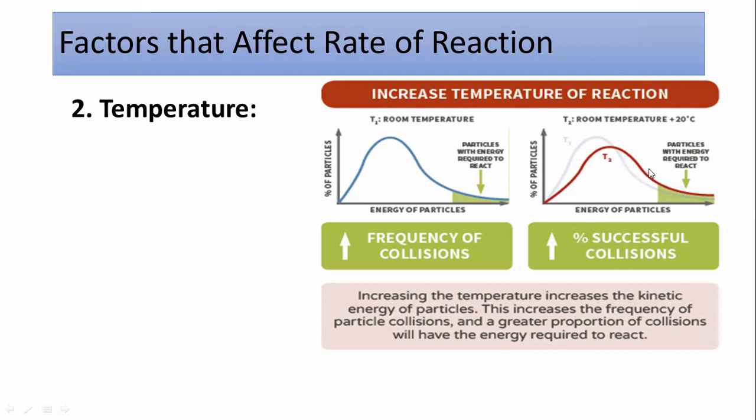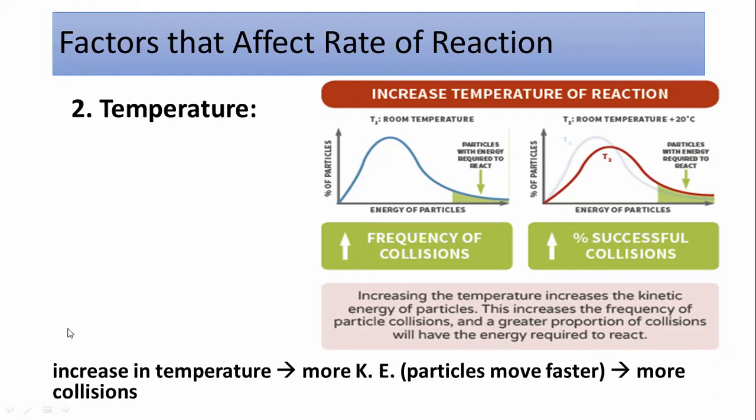And when they are colliding more with each other, that means they are increasing the frequency of the particle collisions, and they have a greater proportion of collisions with the energy required to react, which is going to increase the rate of the reaction. So our net conclusion is, when you increase the temperature, you are increasing the kinetic energy of the particles.